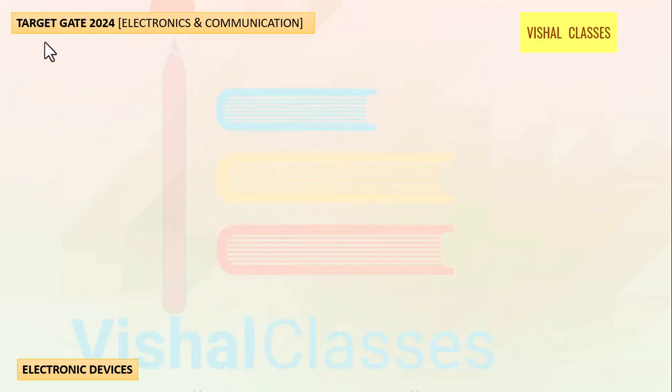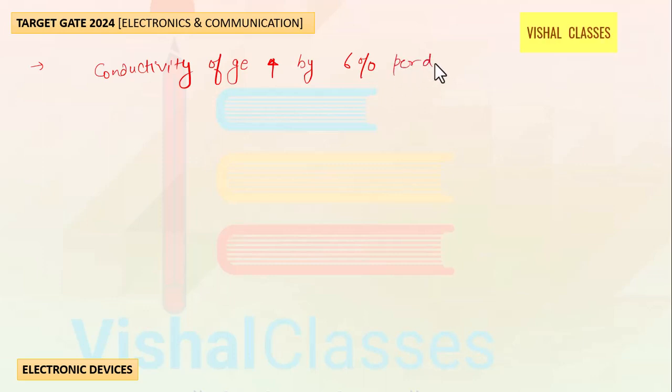Next, conductivity of germanium increases by 6% per degree rise in temperature.